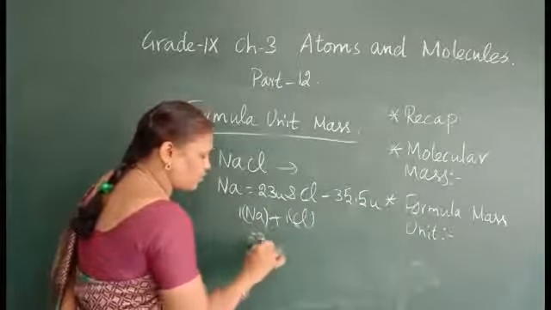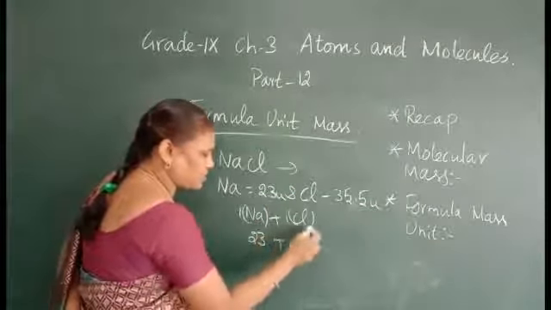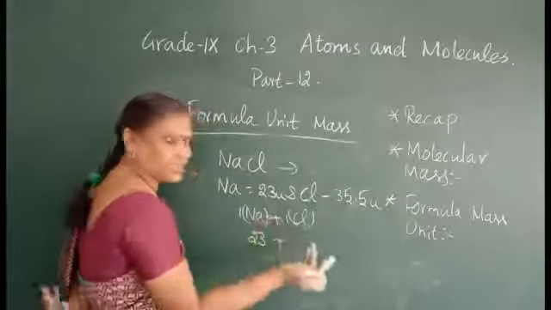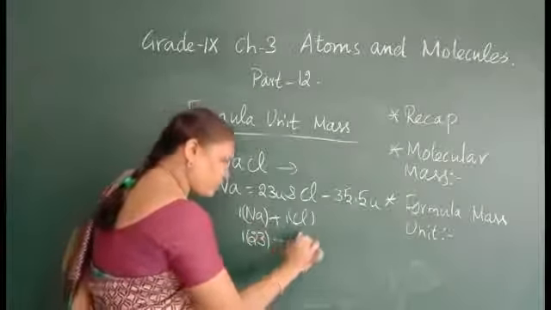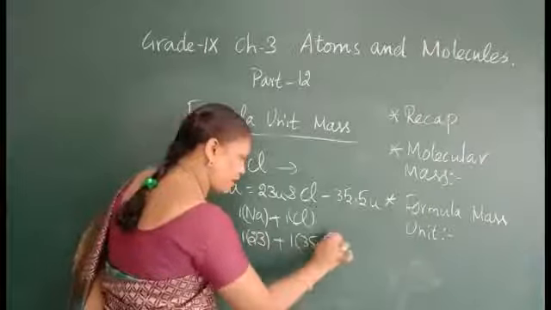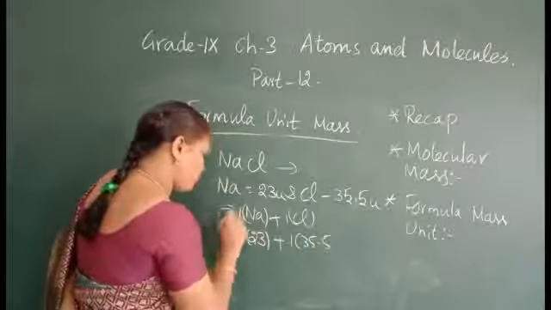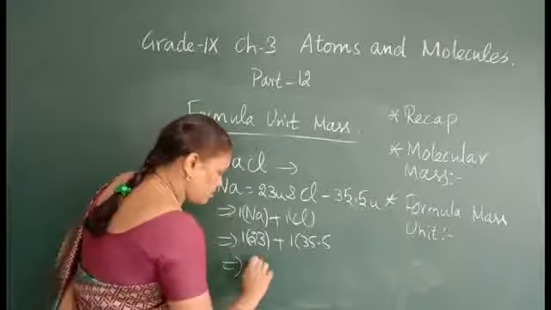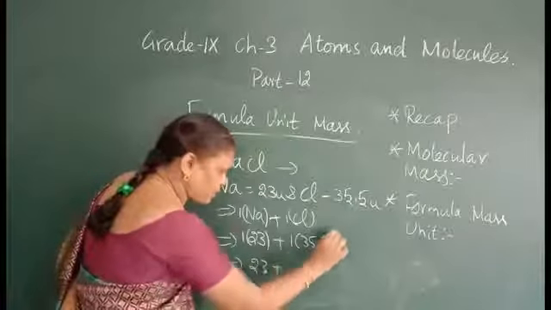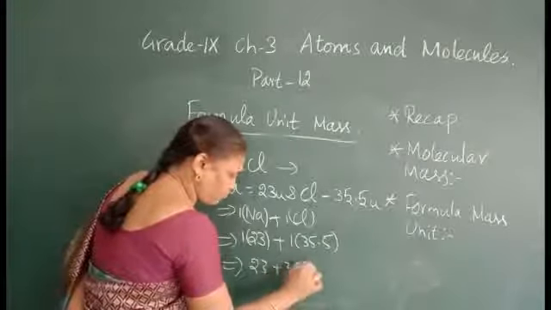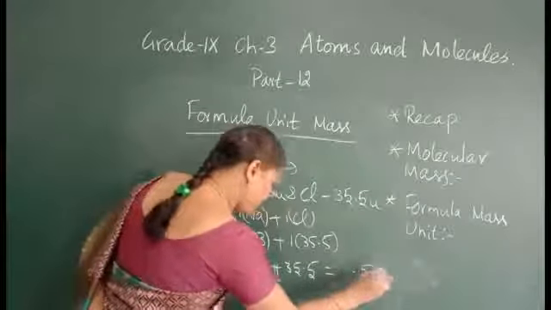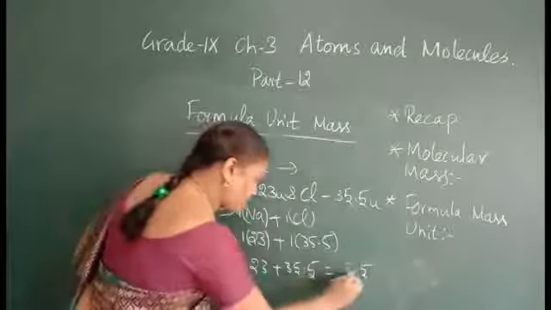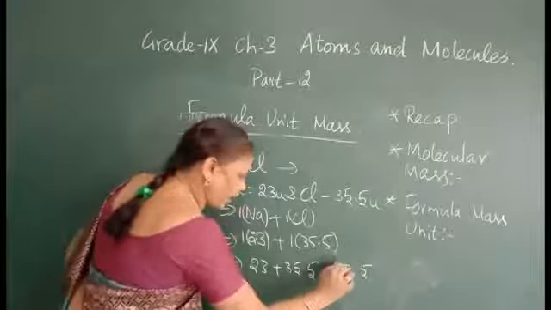Now you have to substitute the value. It is 23 U plus, it is 1 into, that is nothing, same only, no? So 1 into 23 plus 1 into 35.5. Now add it. So 23 and 35.5. What is the answer? 0.5, 5 plus 3 is 8, 3 plus 2 is 5.